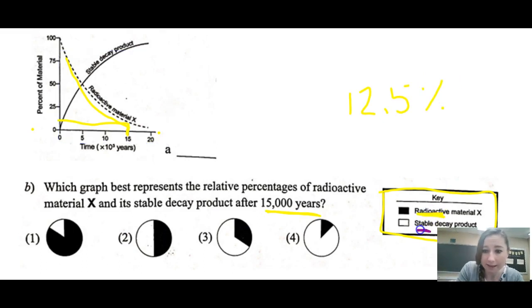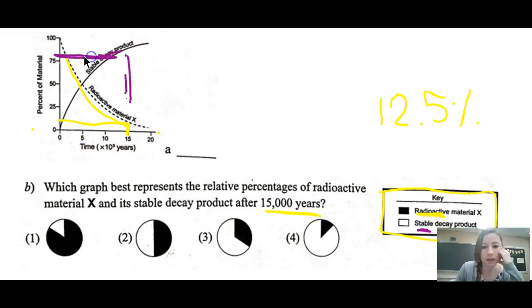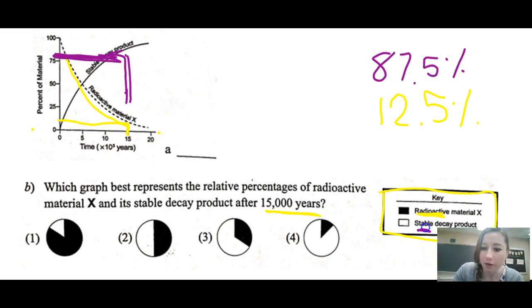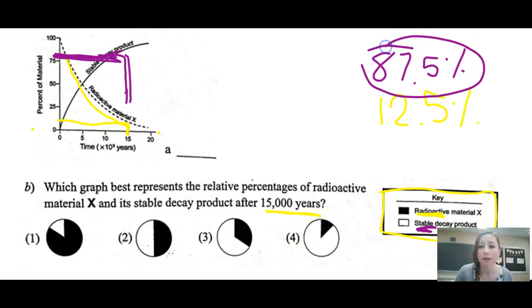In terms of my stable decay product at 15,000 years, I'm going to go up and over. It's above 75%. To make sure that it adds up to 100, we'll call it 87.5%. So again, it's just about reading the key. I know that my white stable decay product needs to be the majority of my pie chart, so that's going to look like number 4.